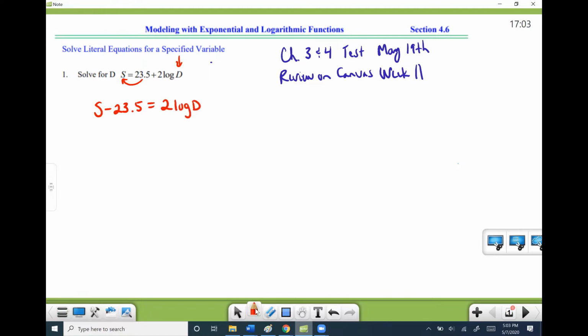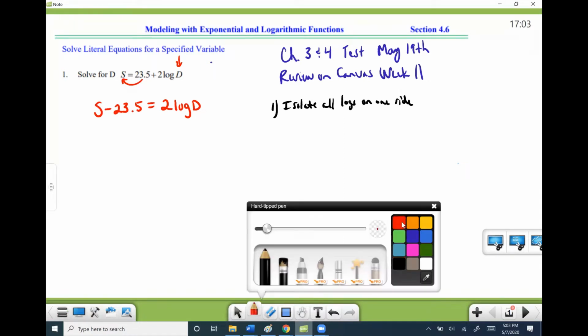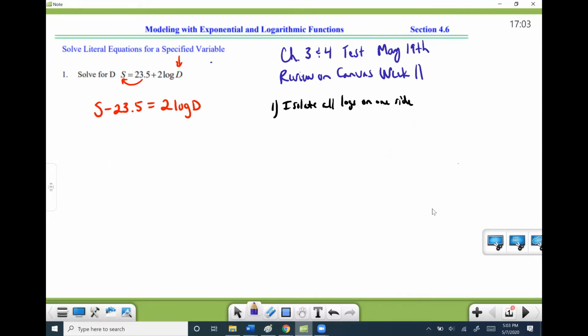So by the way, let me write the steps down. Isolate all logs on one side. So that's what we're working on right now. Okay. We almost have the log isolated. How would I get rid of that too? Yeah, you could square the D, but I don't think that gives us any less with the D. That is definitely something that we could do.